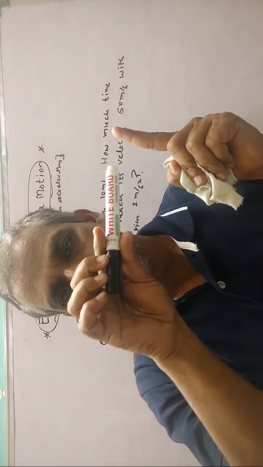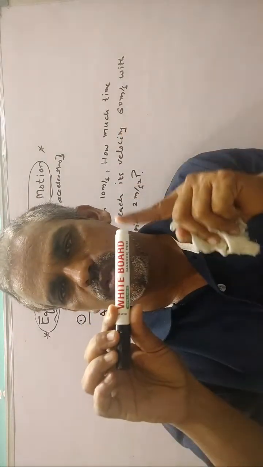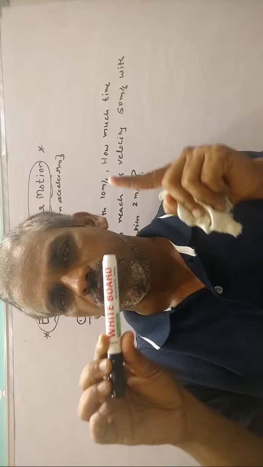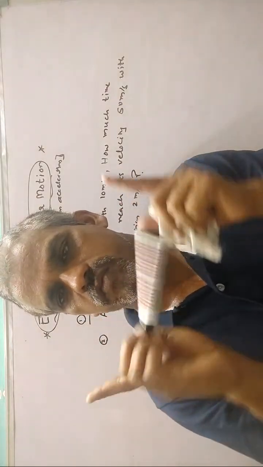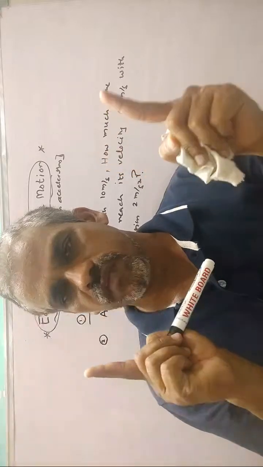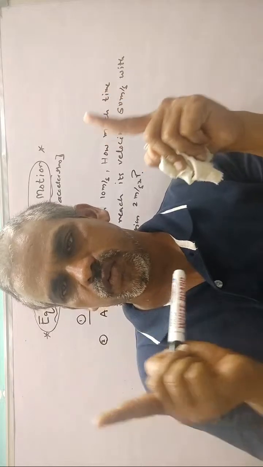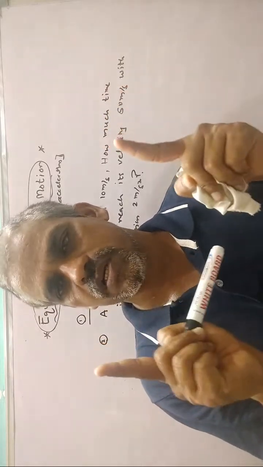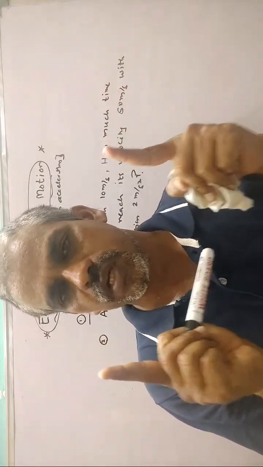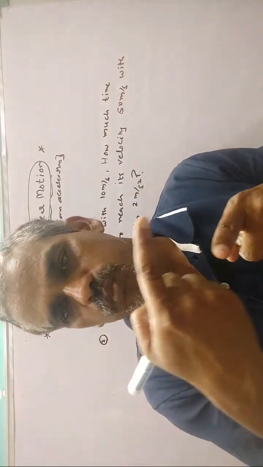When the velocity of the bus goes from 10 meter per second to 50 meter per second, how much time will it take? Initial velocity is 10 meter per second, final velocity is 50 meter per second. So the velocity increases from 10 to 50. My question is, in how much time will it reach 50 meter per second? The body is accelerating with 2 meter per second square.